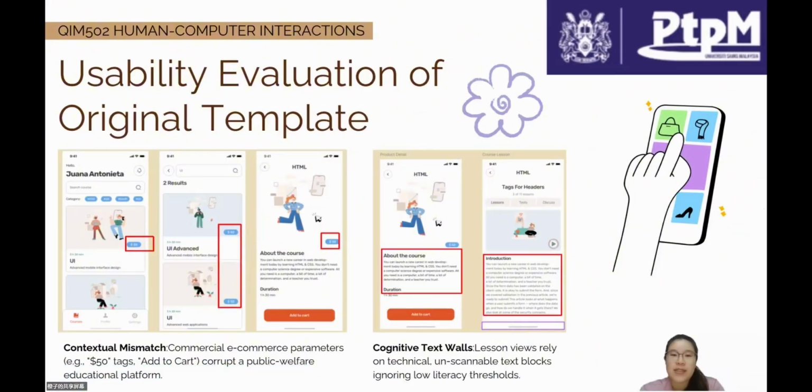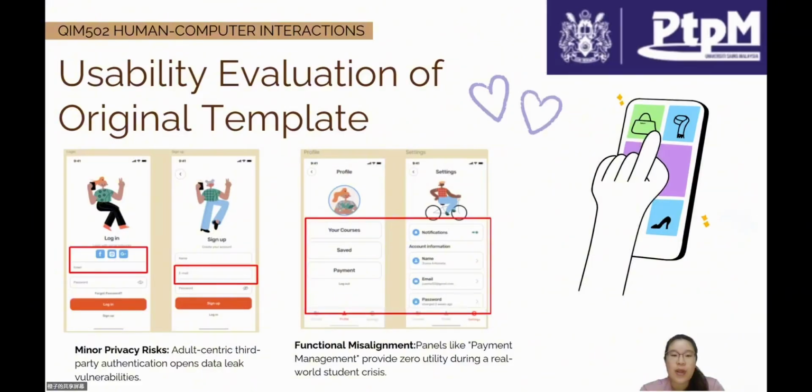Second, the pages have text-heavy content that ignores children's low literacy. Third, social logins create privacy risks for minors. Lastly, features like payment management are completely useless during a real crisis.